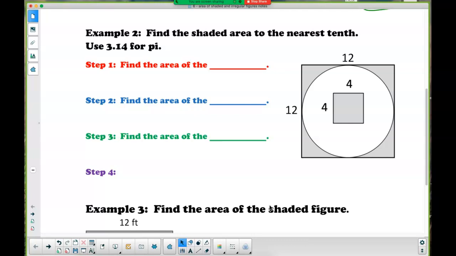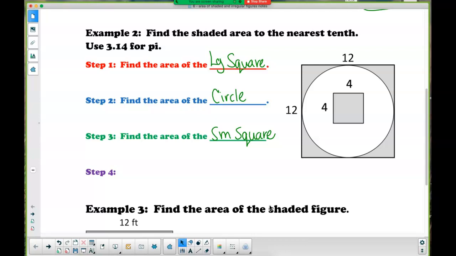Okay, I'm going to make that a little bit more specific. I see a large square, a circle, and a small square. Okay, and part of showing your work this time is going to be just laying it out. Writing down what shapes do you see, because it's helpful to write that down.